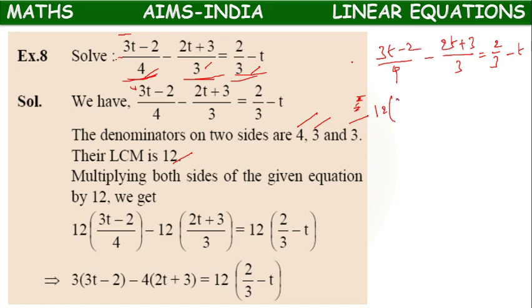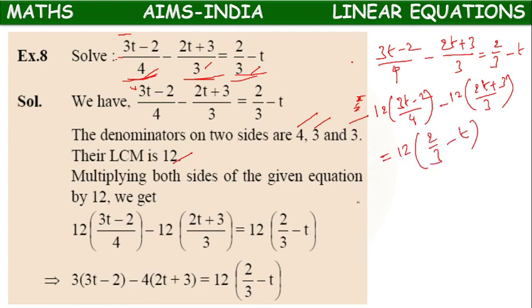So 12 into (3t minus 2) by 4 minus 12 into (2t plus 3) by 3 equals 12 into (2 by 3 minus t), which implies 4 3 times 12.